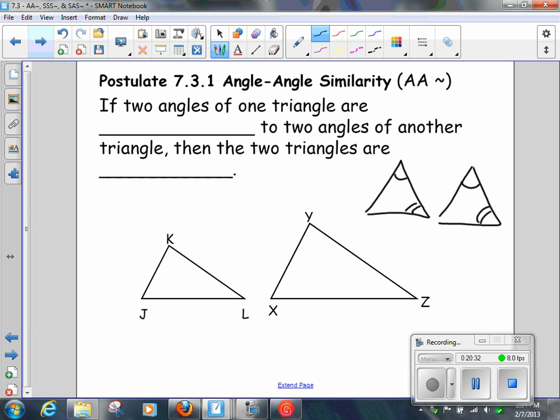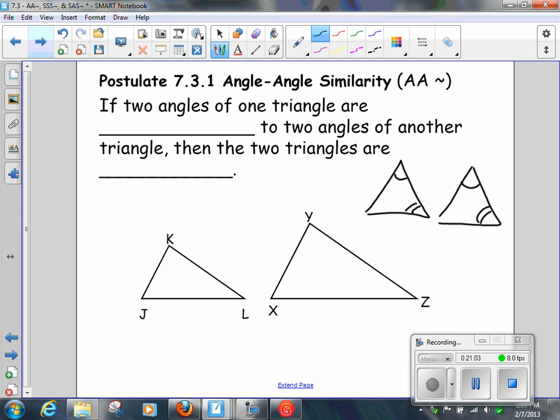No, wait, we didn't go over anything that said angle, angle. We went over side, side, side, side, angle, side, angle, side, angle, angle, side, hypotenuse leg. There were 5 of them we went over, okay? Angle-angle was never one of them, when it was just angle measures and that was it.